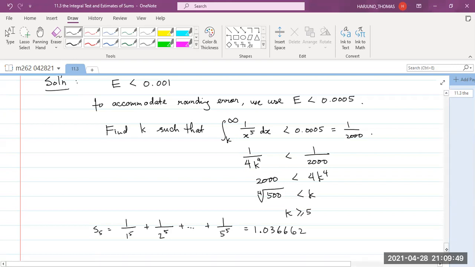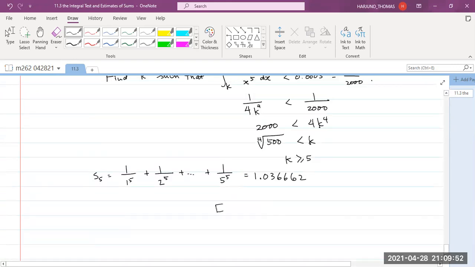We know the error up to the 5th term will be less than or equal to 1 over 4 times 5 to the 4th, but greater than 1 over 4 times 6 to the 4th. You see that? Let's take the midpoint of that. We approximate that using 1/4 of 1 over 5 to the 4th plus 1 over 6 to the 4th, divided by 2.